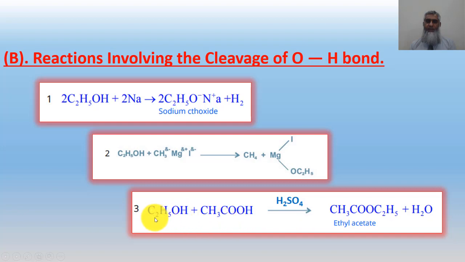Here we are using ethyl alcohol and acetic acid or ethanoic acid producing ethyl acetate. Ethyl group comes from alcohol and acetate group comes from acetic acid, producing ethyl acetate, a well-known ester. Plus water molecules are also produced.